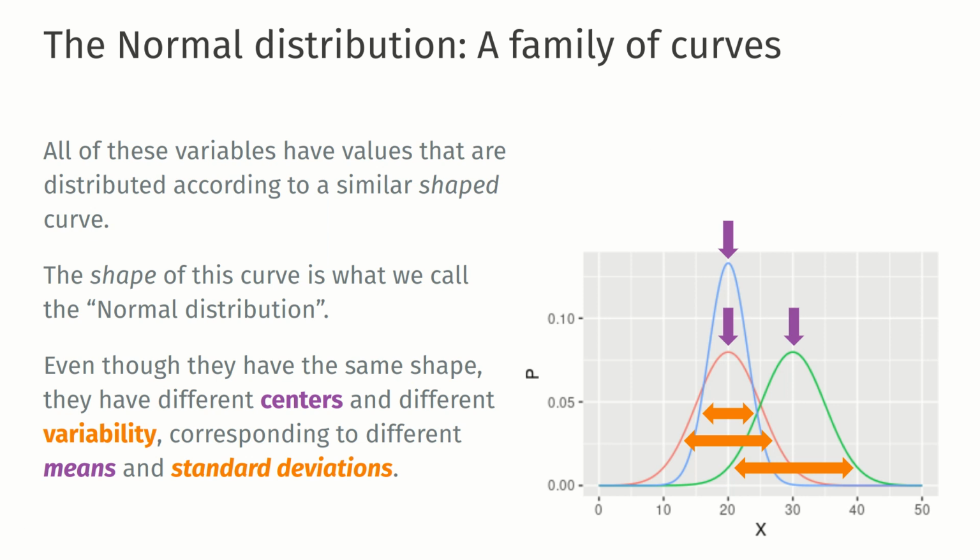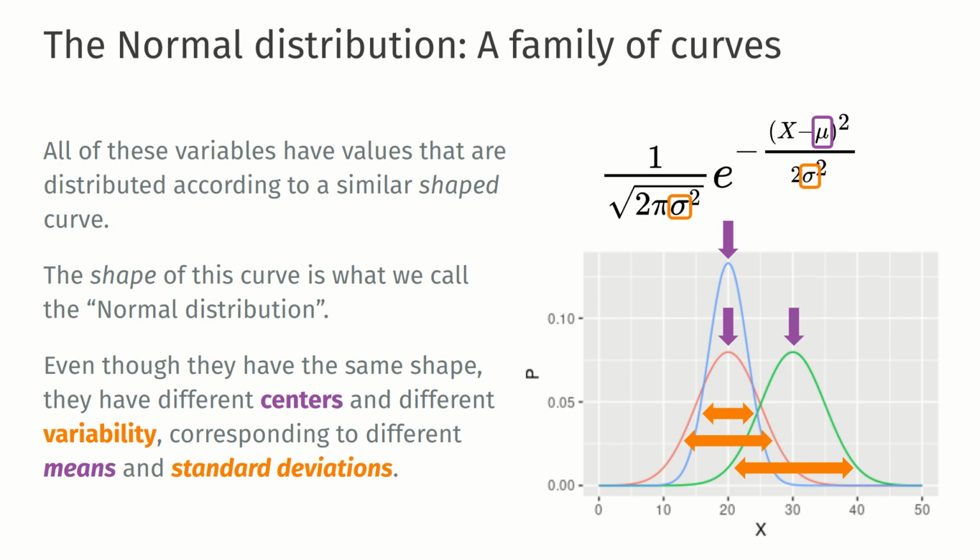This is just to give you a sense of what the formula for this curve looks like. It's somewhat ugly, and we'll never need to see it again, but I just want to point out that integral to this formula are the mean, written out here with the Greek letter mu. The blue and red distributions here have the same mean, whereas the green distribution has a higher mean than either of them.